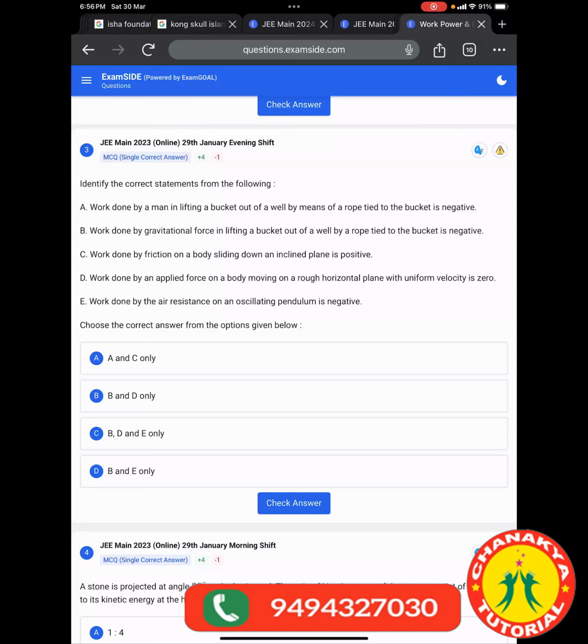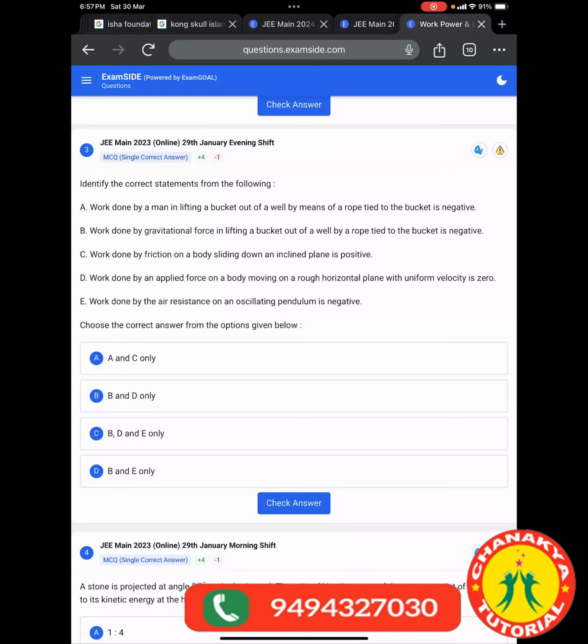If the velocity is fixed, there is no change in kinetic energy, right? If there is no change in kinetic energy, no work is done. So work done by an applied force on a body moving on a horizontal surface with uniform velocity is zero. Correct. D is correct, B is correct. E: work done by the air resistance on an oscillating pendulum is negative. What about E? B and D are correct.